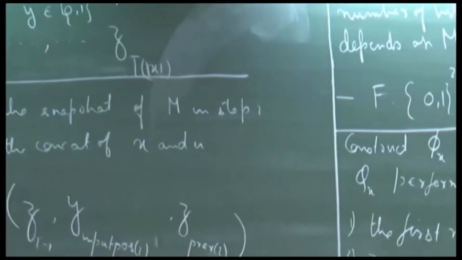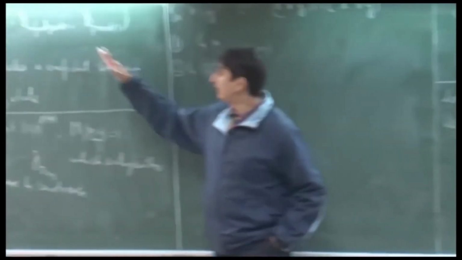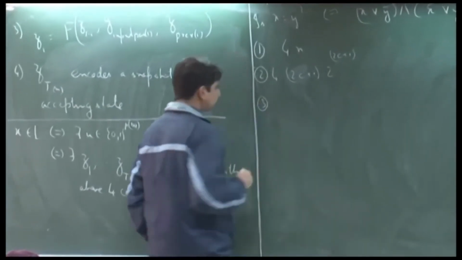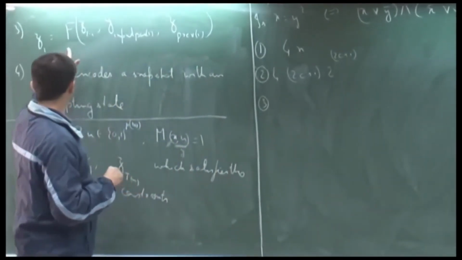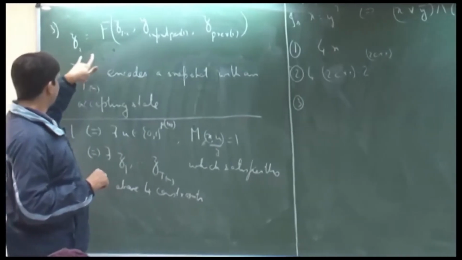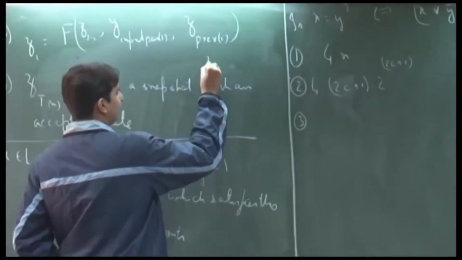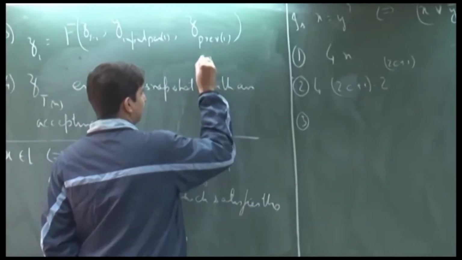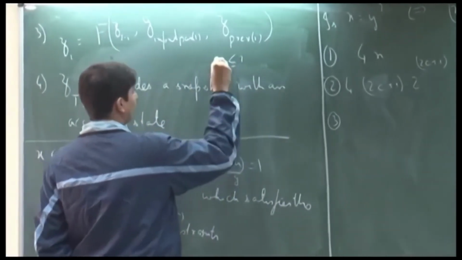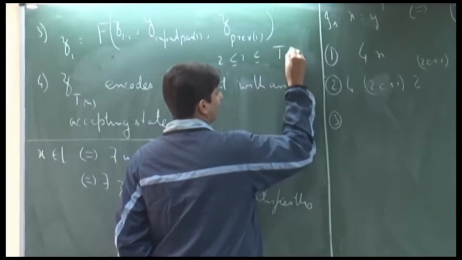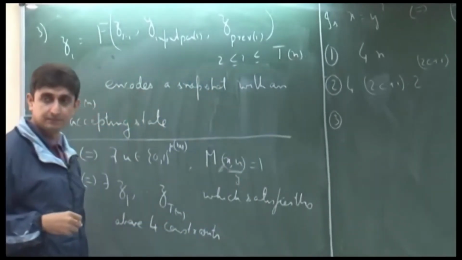For the third step, basically you need something larger. So, here also you are checking equality, but you are doing it for all possible i, so i greater than or equal to 2 and less than or equal to t of n.